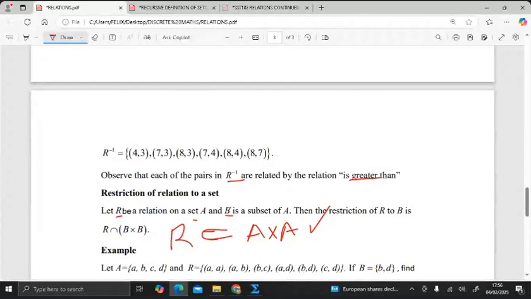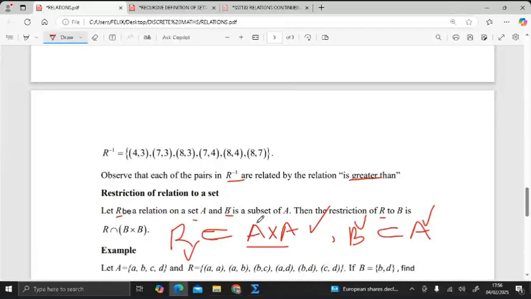Yes, that is it. This means the members of R will be a subset of A cross A. Look at that, please. Each member of this relation is a member of the Cartesian product of A and itself.